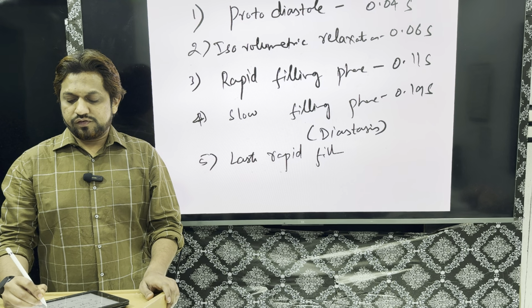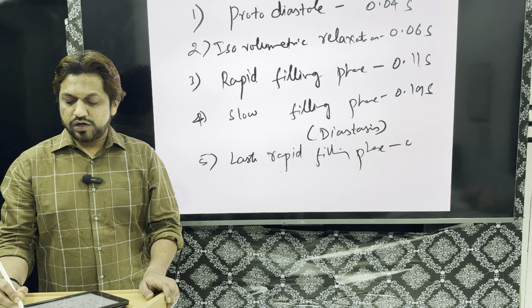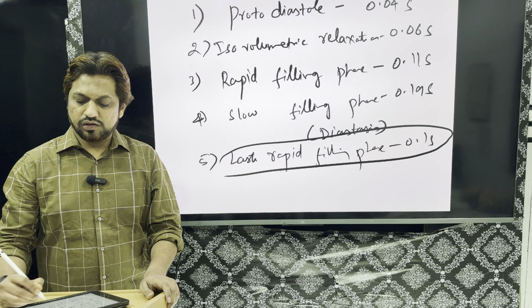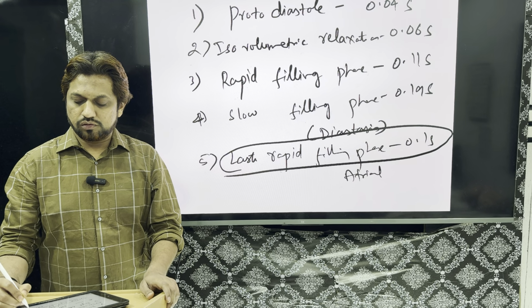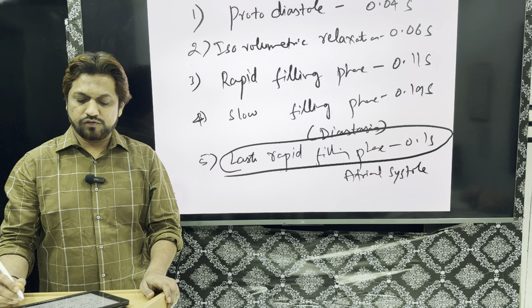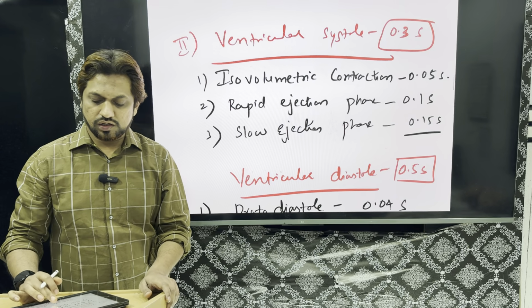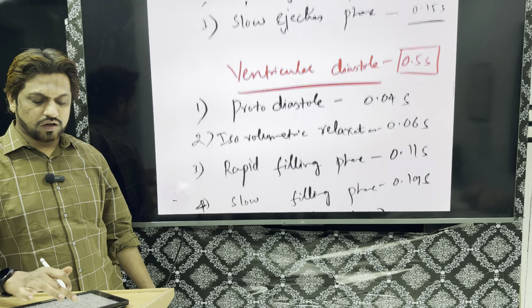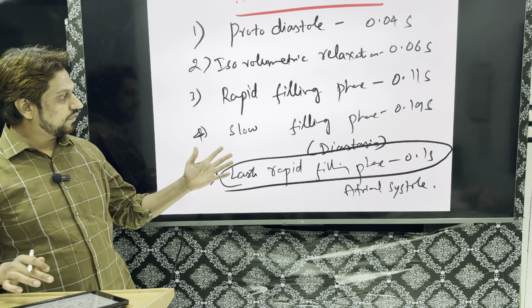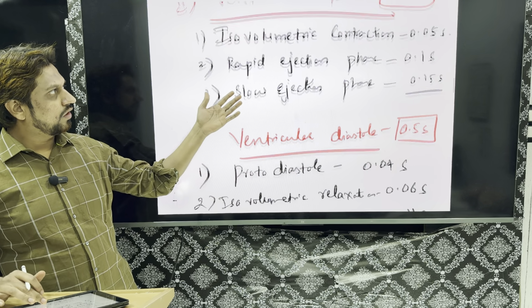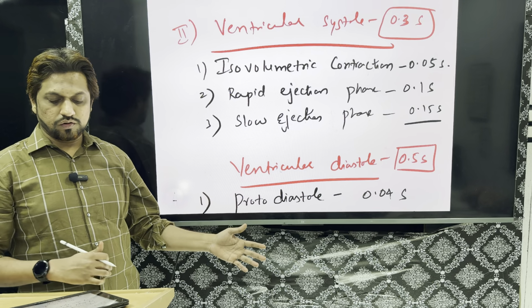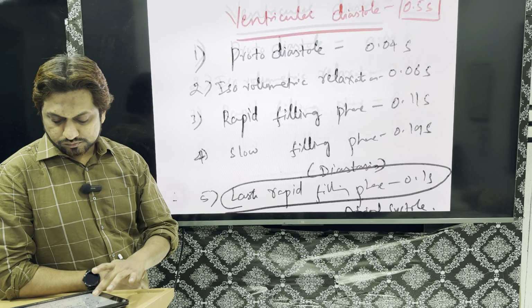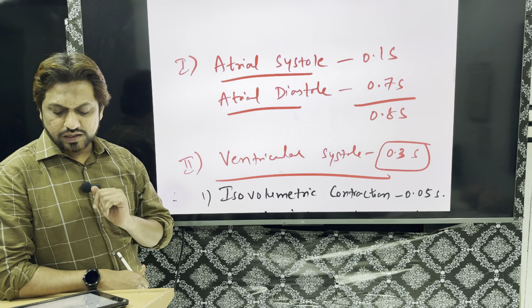This is around 0.1 second. It will coincide with atrial systole. Okay, so basically, even in the textbook of Guyton, you will find these 7 phases of ventricular systole and diastole, and we are including that atrial systole.